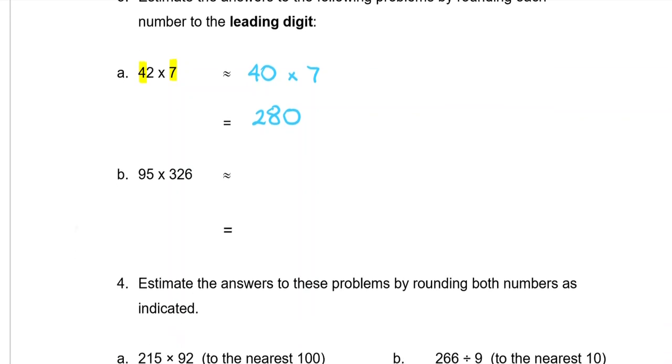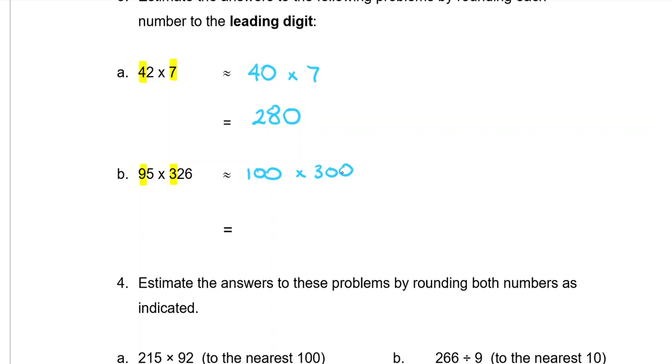Question B. We want to round these ones first. So the 9 is my leading digit. Because there's a 5 here though, I need to round the 9 up so that it will become 100. Okay, now I'm going to round the next one. I want to keep the 3. This time the 2 will round down, so it becomes 300.